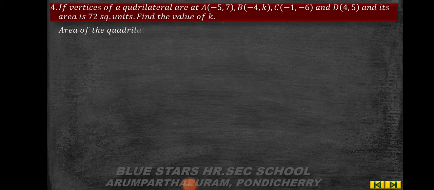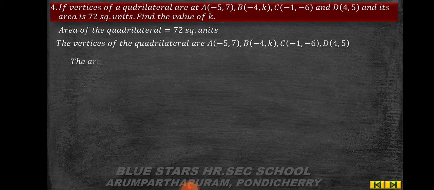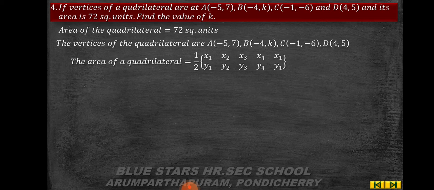Therefore, area of the quadrilateral is equal to 72 square units, as given in the question. The vertices of the quadrilateral are A(-5, 7), B(-4, k), C(-1, -6) and D(4, 5). The area of a quadrilateral formula is 1/2 into x1 y1, x2 y2, x3 y3, x4 y4 and again x1 y1.